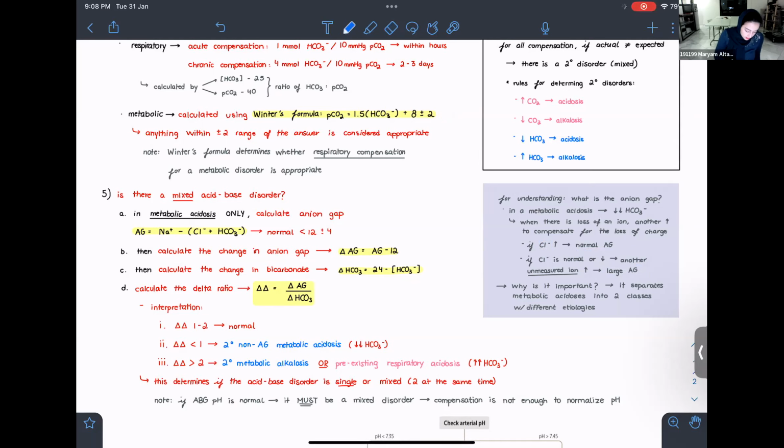If I have abnormal bicarb or I have abnormal pH, let's say bicarb is low, and let's say, for example, CO2 is slightly increased, but pH is normal.